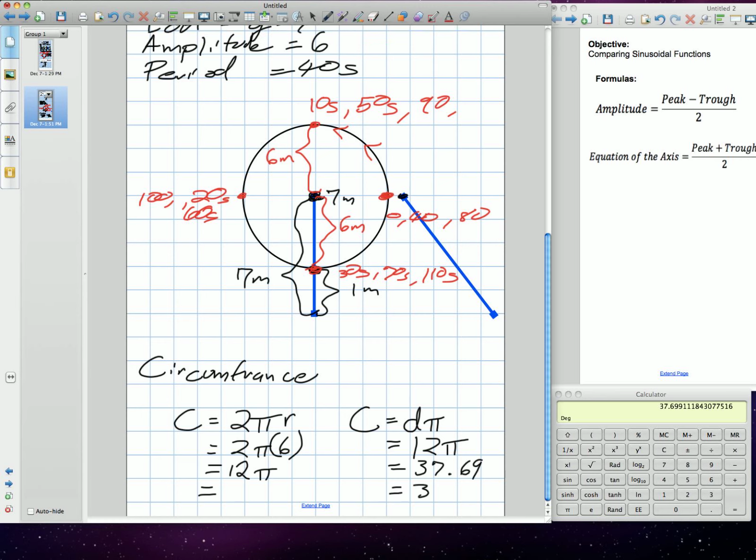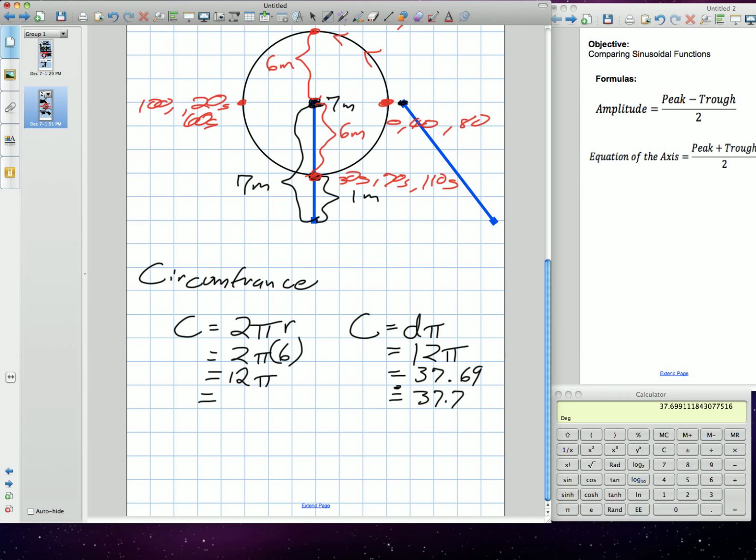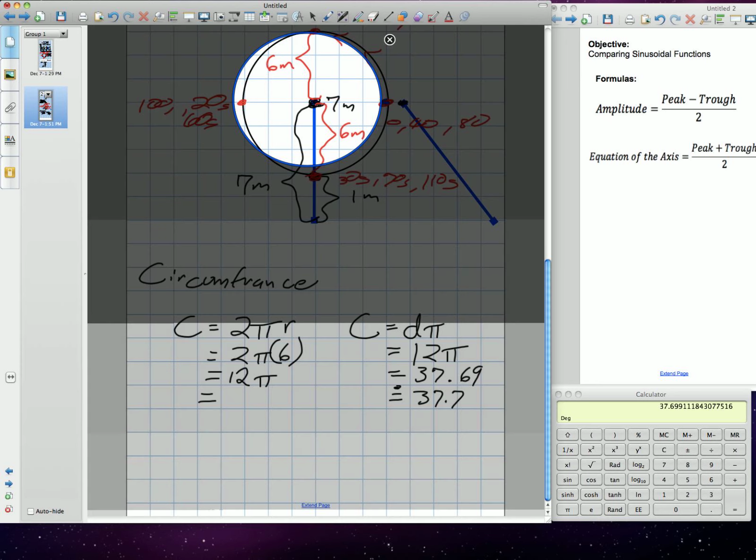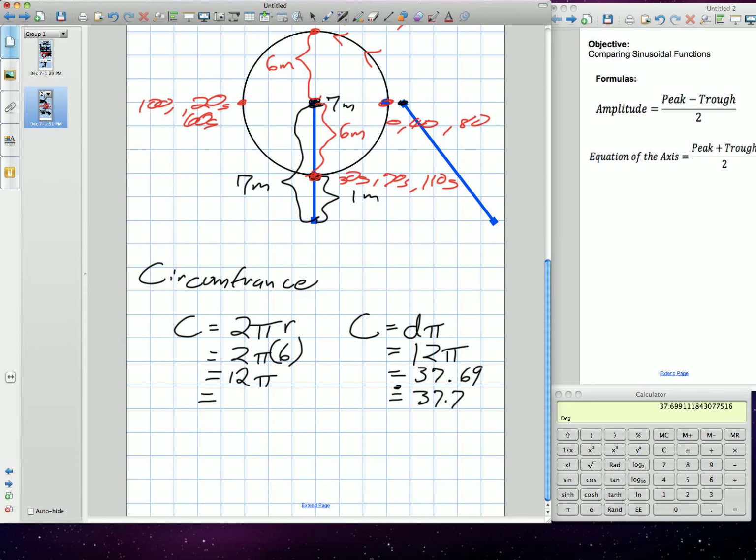We'll say 37.7. Okay, so we found the circumference, which means from one end all the way around to the other end is 37 meters distance.